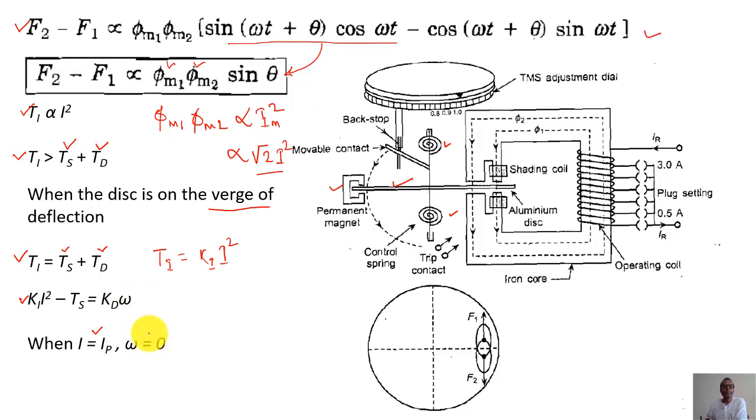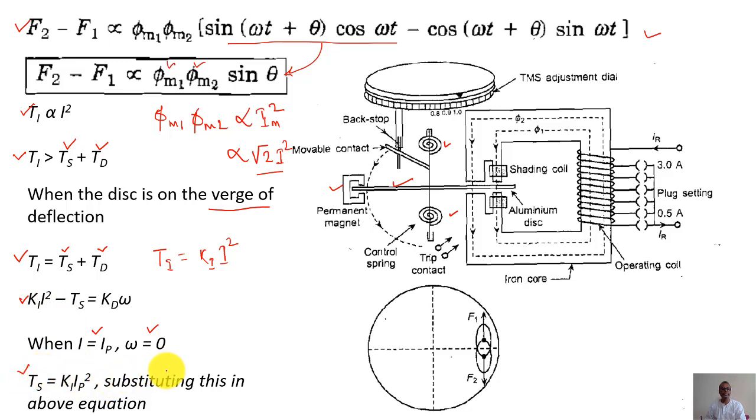And your omega will be equal to 0 at that time, and hence substituting these two quantities, I can say that Ts equal to, because here Kd omega will be 0, and substituting I equal to Ip, Ts equal to Ki Ip square.